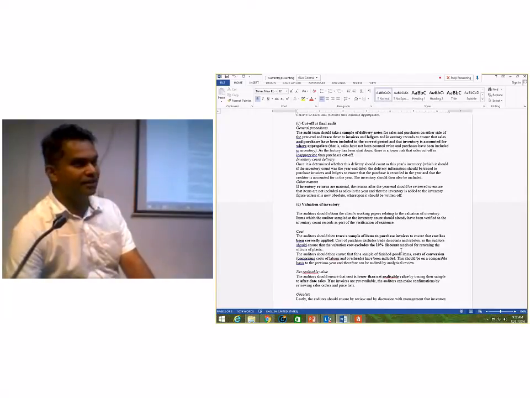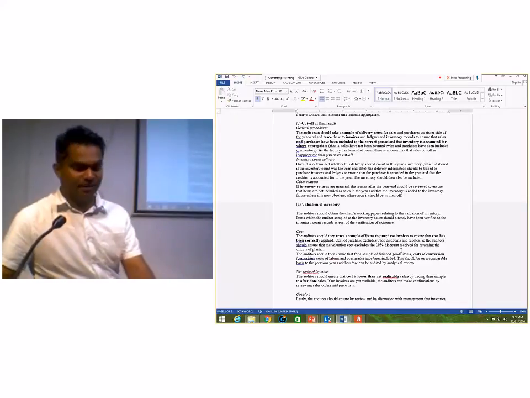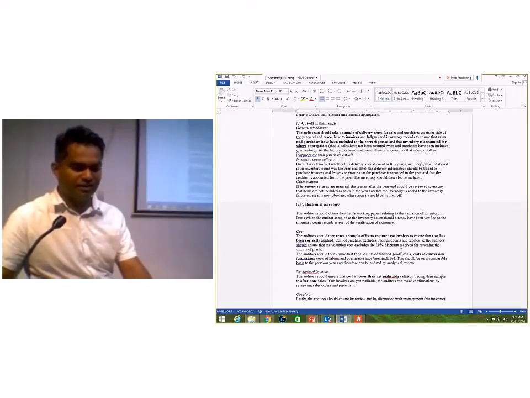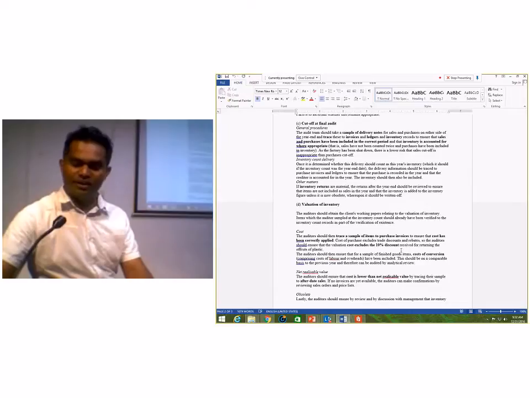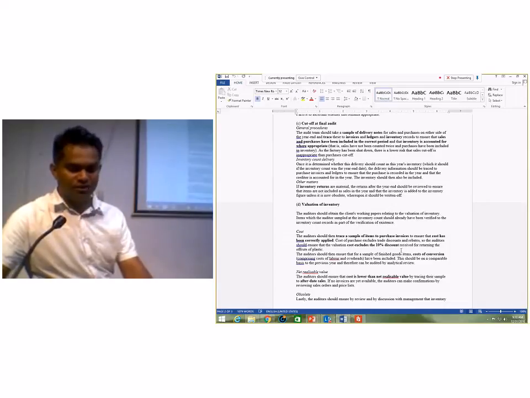Then you can look into the April sales and consider whether the net realizable value is lower than the cost or not. With that, you take the cost or the NRV, whichever is lower, as the stock valuation. Then with the quantity, you get the total value of the inventory. You can look into those areas.